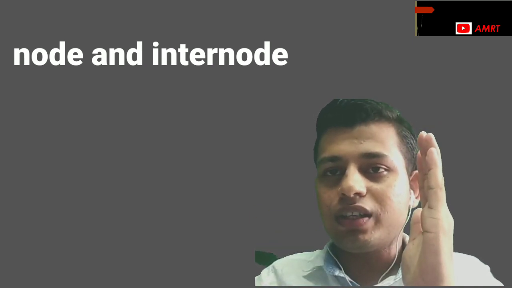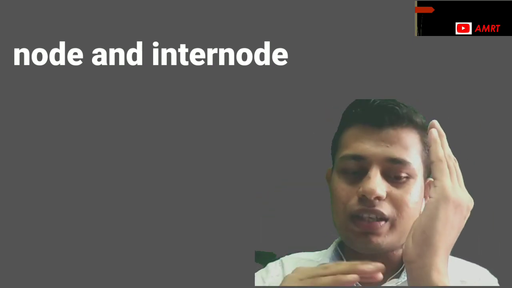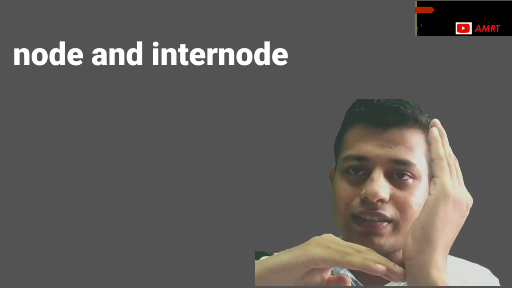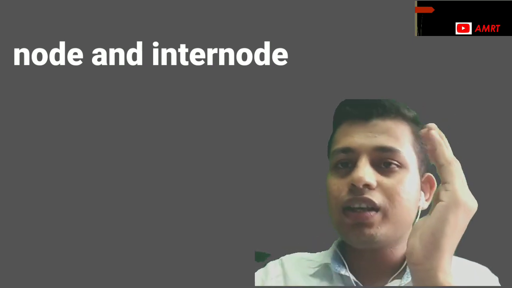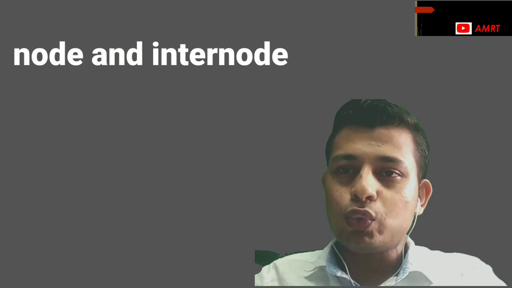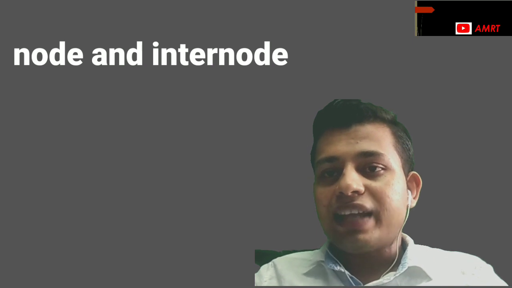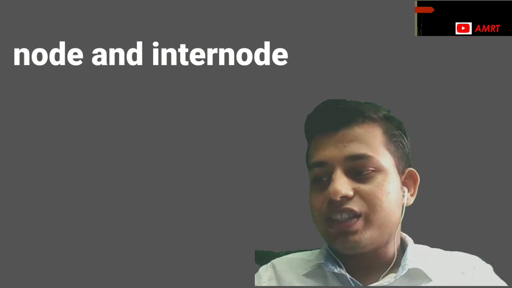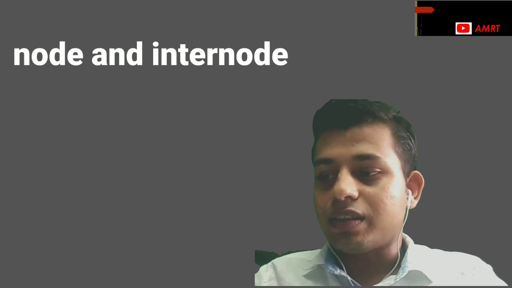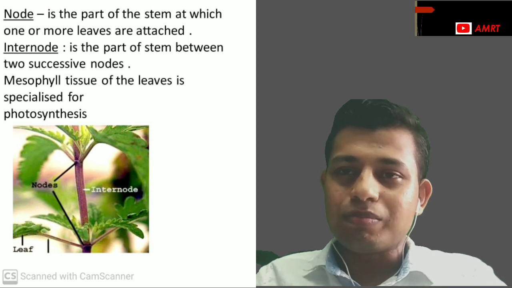If this is the stem, and from the stem a leaf arises, this point is known as a node. The internode is the gap between two successive nodes. The mesophyll tissue is also very important. It is present in the leaves and is specialized for photosynthesis. Have a look at the image; you can see the node and internode very clearly.